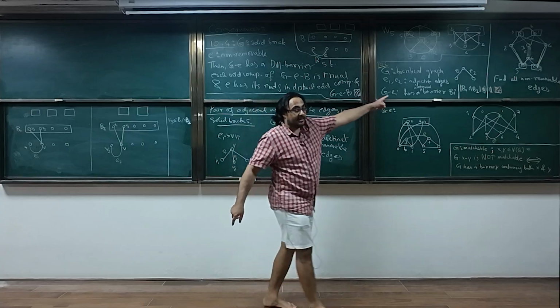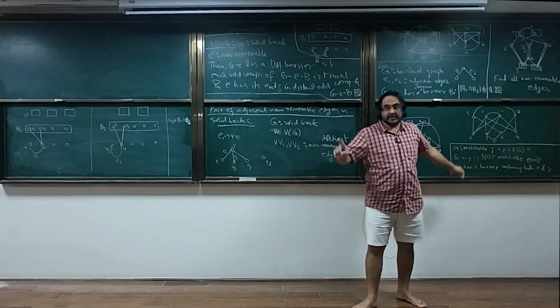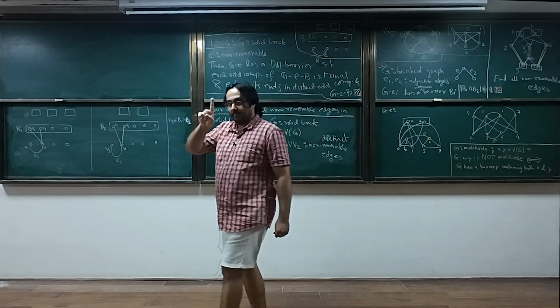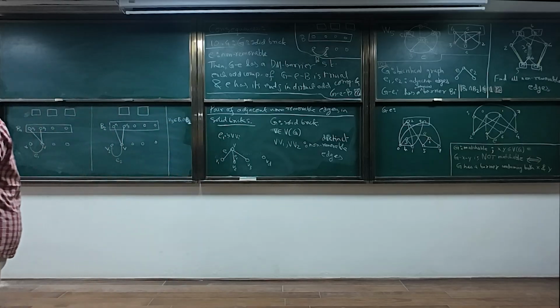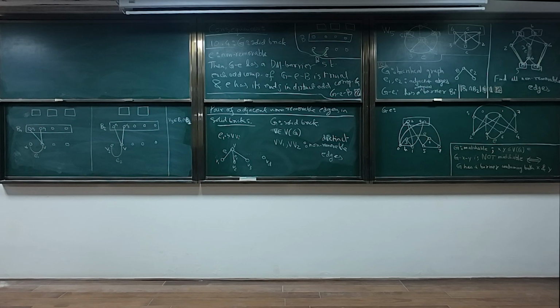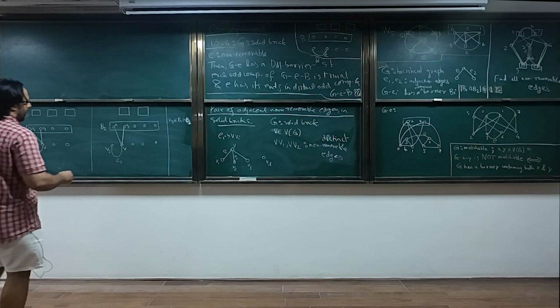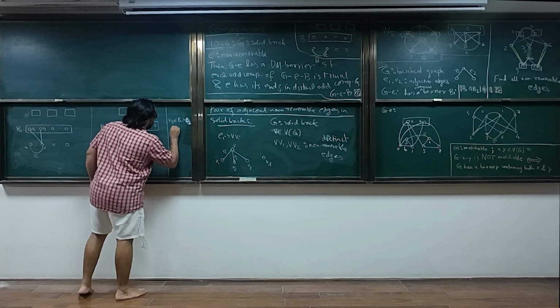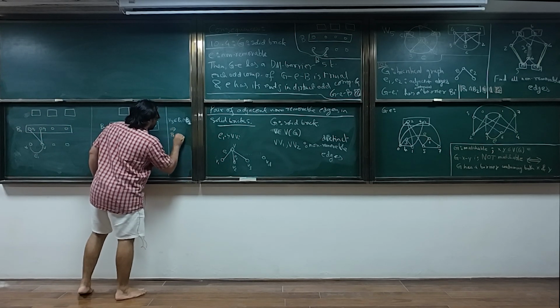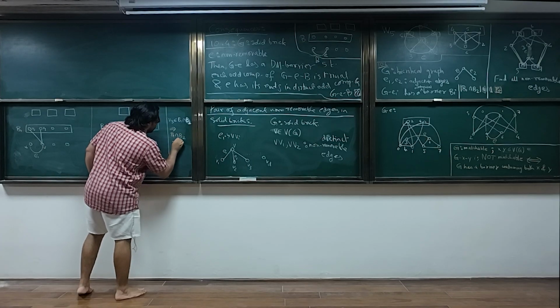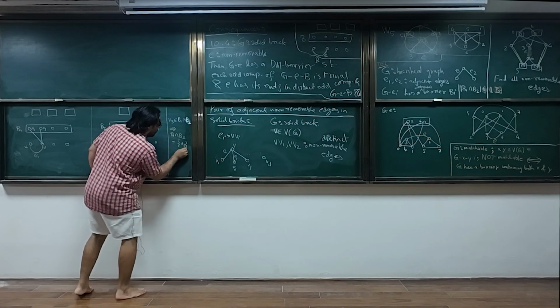Now we can apply this and conclude that the intersection is only that vertex. There can't be any other vertex in the intersection. So now, B1 intersection B2 is exactly the vertex V3.